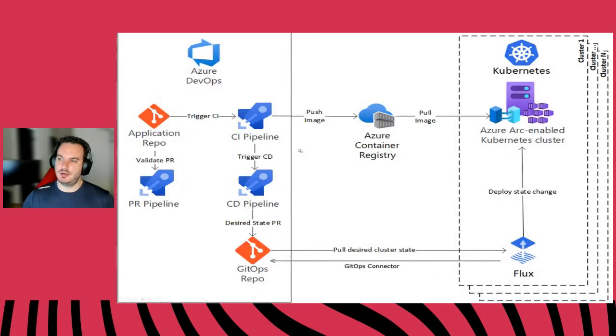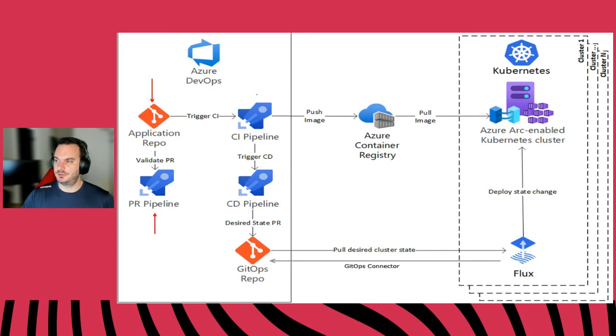And here we can see how this whole process works. If I implement a feature, I create a pull request, and this hopefully triggers a pull request pipeline. This means my pull request is running through a separate pipeline that's doing some unit testing, maybe deploying the application to test if everything is running. And once that's approved, it's being merged to the application repository.